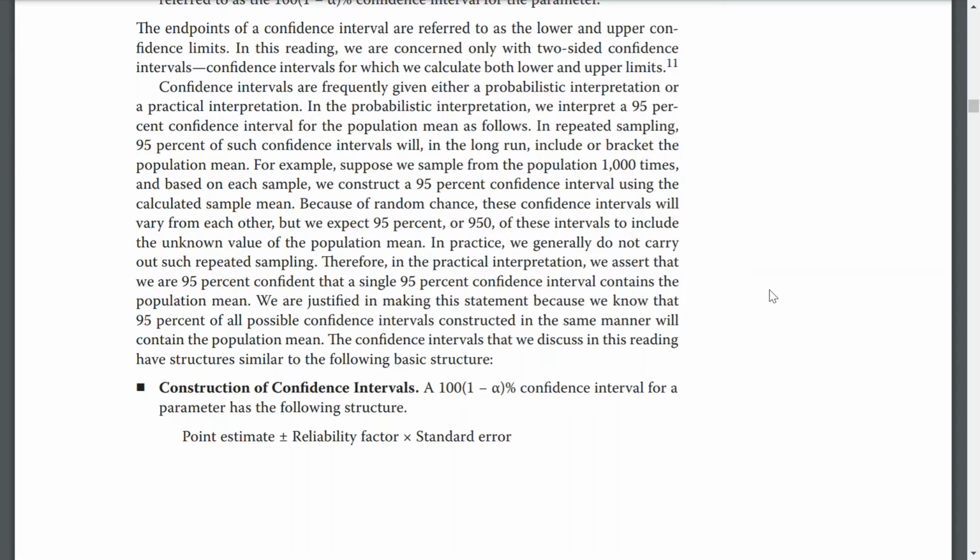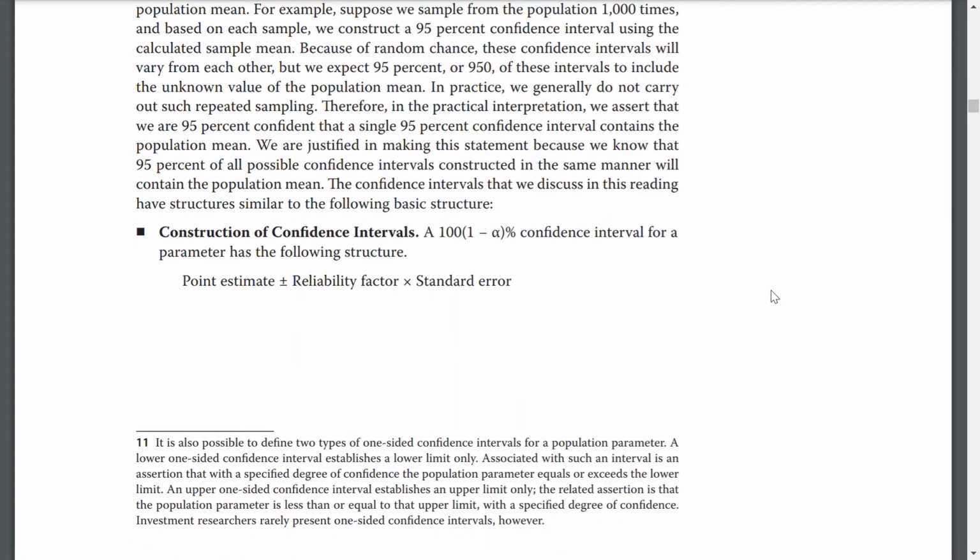The confidence intervals that we discuss in this reading have structures similar to the following basic structure. Construction of confidence intervals: a 100 multiplied by 1 minus alpha percent confidence interval for a parameter has the following structure.